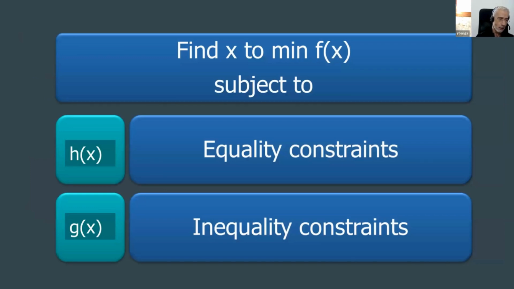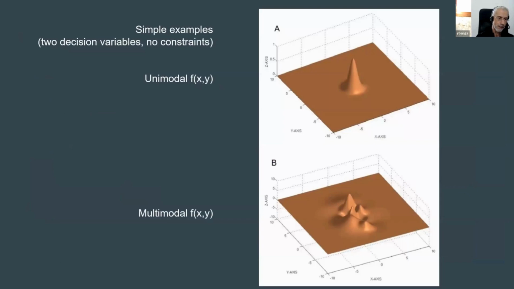Again, as I mentioned before, when you want to declare a problem to be solved with this tool, you need to express it in a way that is consistent with the standard optimization problem statement. Just to clarify what I mean by global optimization, imagine that you have a toy problem where you only have two decision variables. So you can make a plot of your function f, which depends on only two things, x and y.